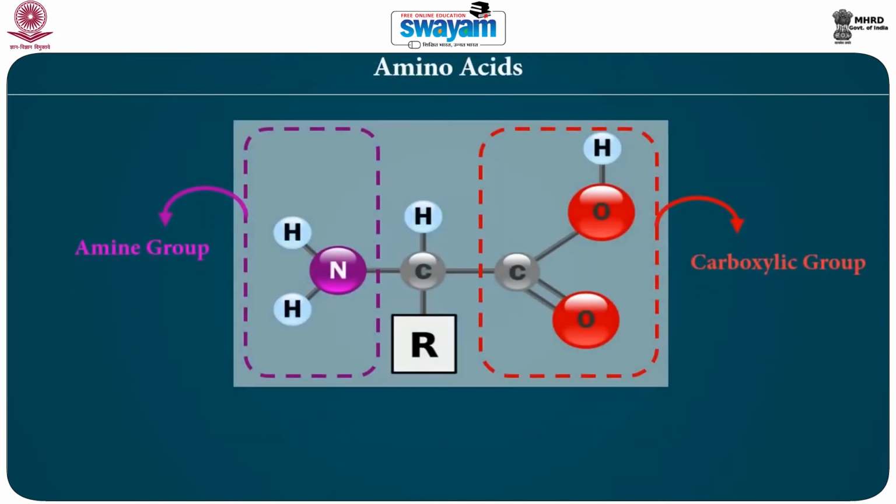All amino acids have a backbone of an amine, that is NH2, and a carboxylic COOH functional group attached to the central asymmetric carbon atom, C alpha.